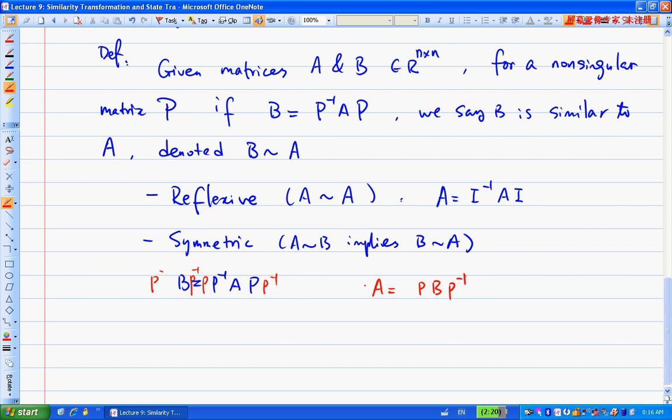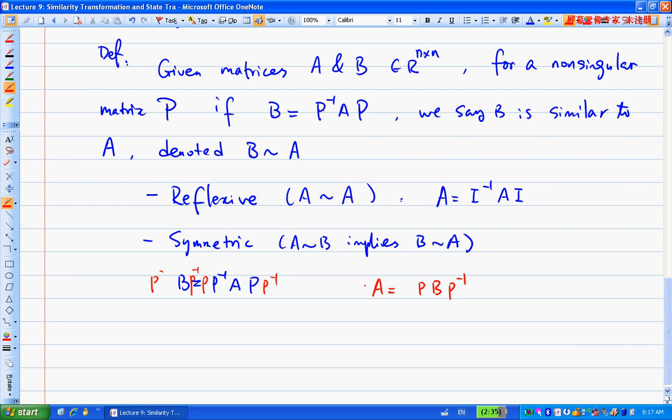You see that? This A equal to P B P inverse is in the same format as this one here. Here it says there exists a matrix P such that B equals P inverse A P, and this is not P inverse, but P inverse inverse. So it's the same format as the definition. So A is similar to B, meaning B is similar to A, as long as they maintain this relationship.